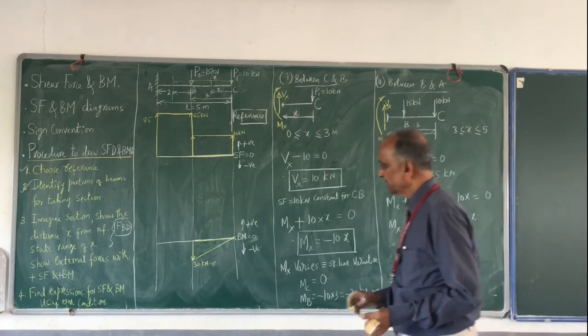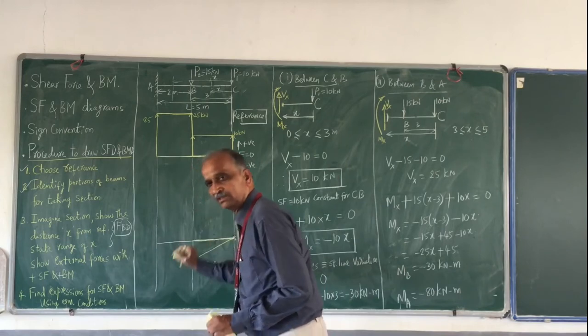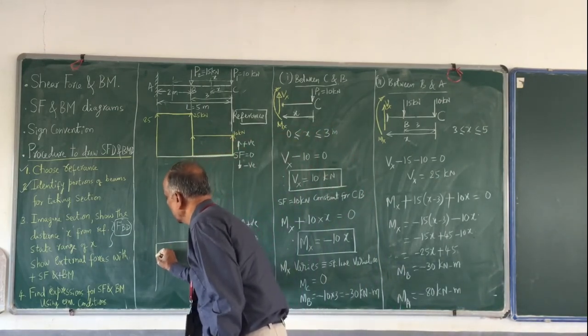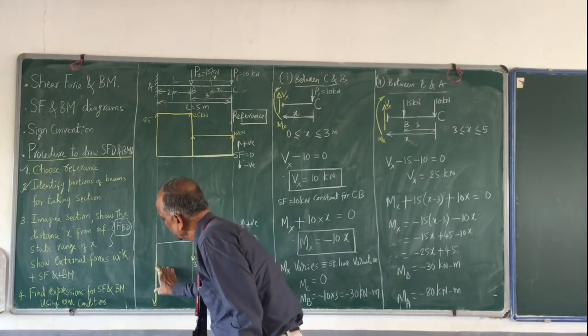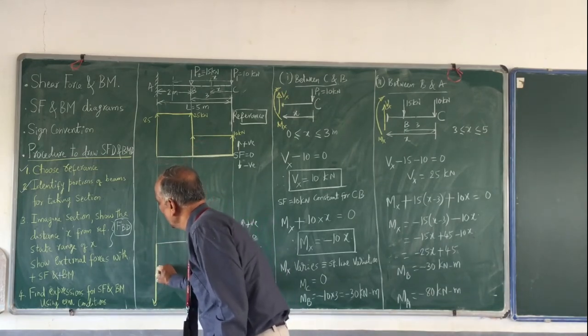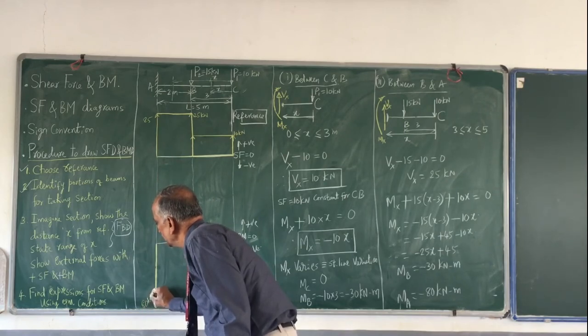Now let me come back here. Bending moment at B is minus 30, it is the same point. And bending moment at A is minus 80, you draw another line. Strictly speaking, 30 and another 30 and 20, or a reasonably longer line. And right here, it is 80 kilonewton meter.